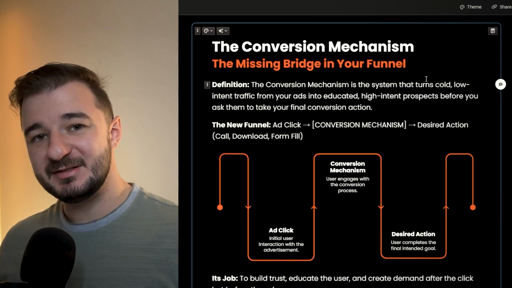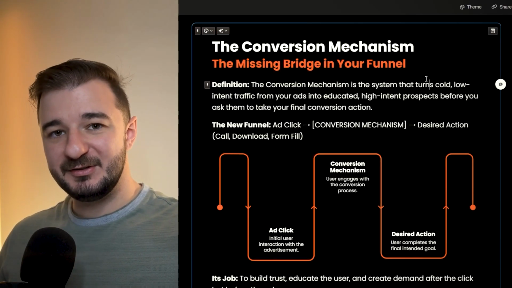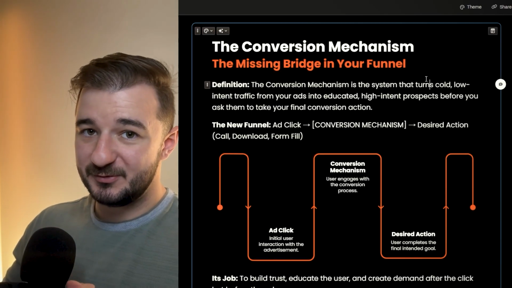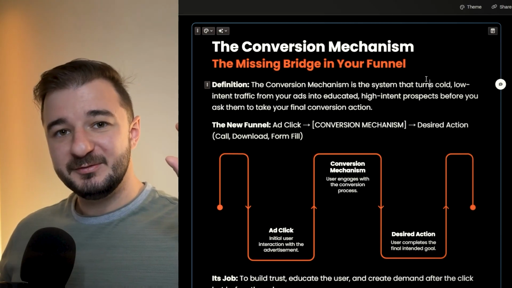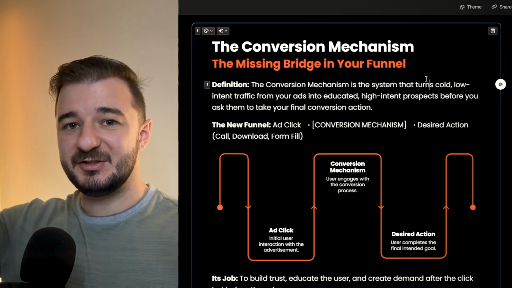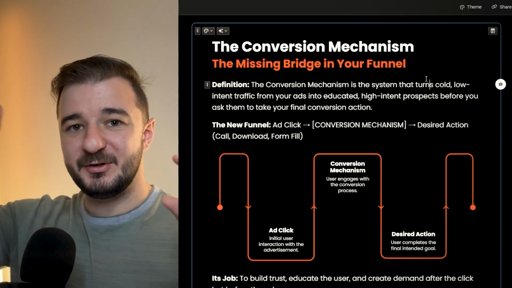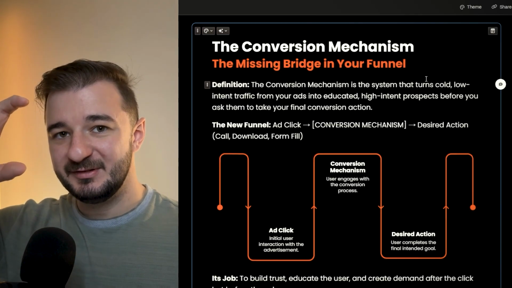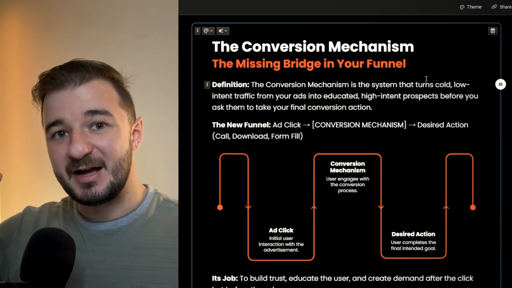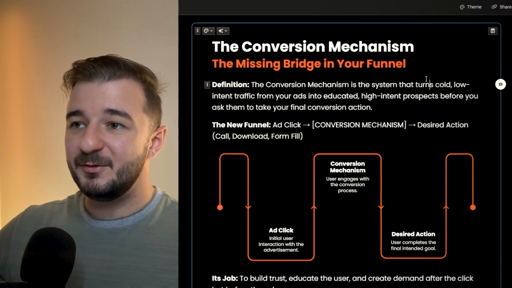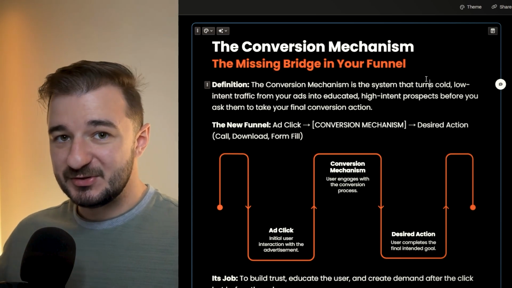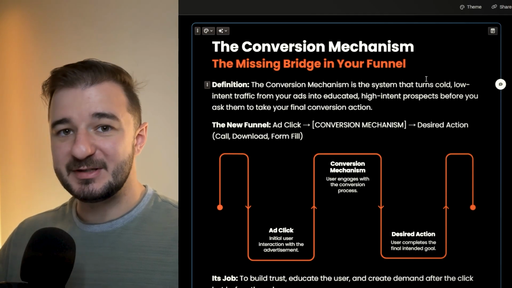So what that means is you have a low intent user because they're just scrolling through the platform. They're in low intent mode. You have that user and you have a high intent action. You need something in the middle to convert their intent from low to high so that they are ready to take the action, and not only take it, but actually then show up on the call or download your application and actually use it, and not just download for the sake of downloading it.